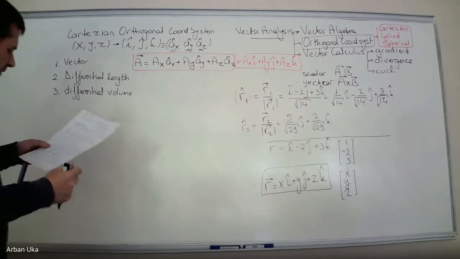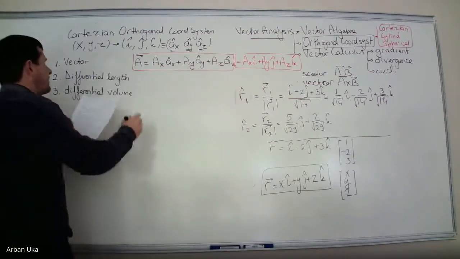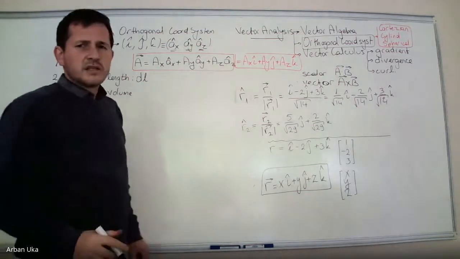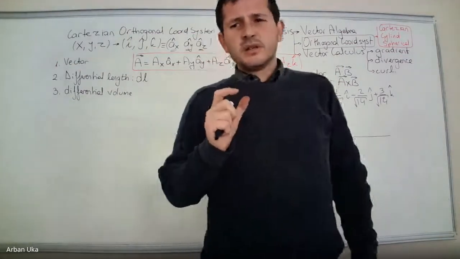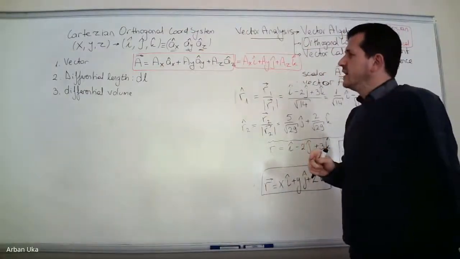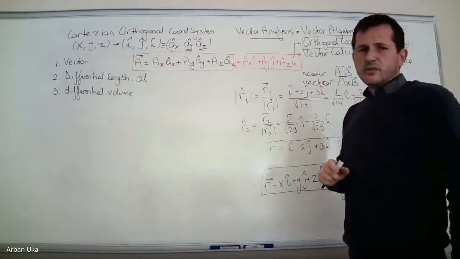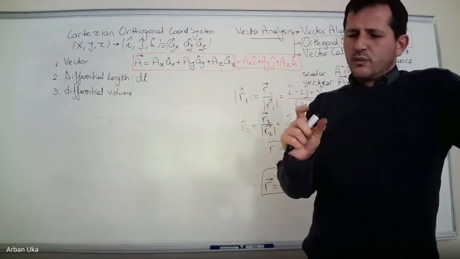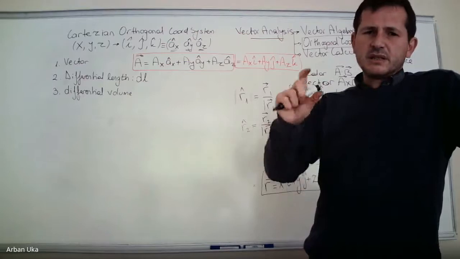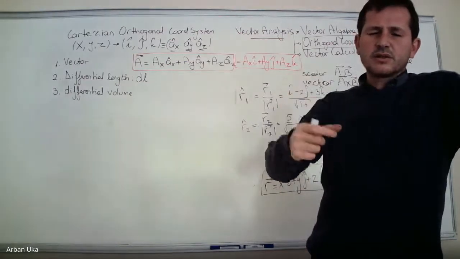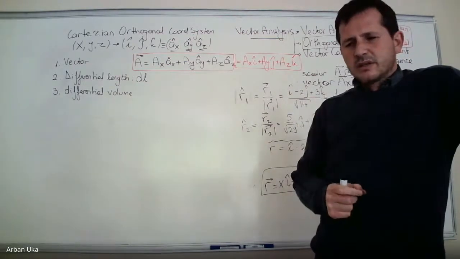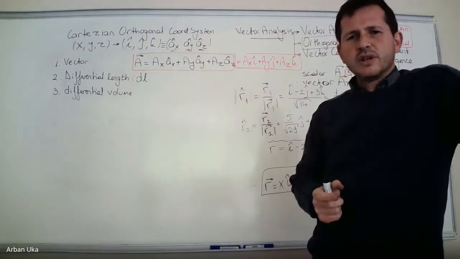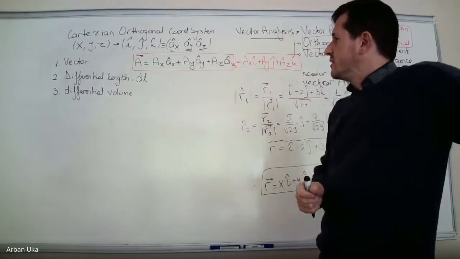Now, the next step that is essential to us is we should write a differential length. The differential length is the infinitesimal length scale in Cartesian coordinate system. Now, when we write the infinitesimal differential length, we should be including delta x, delta y, and delta z. So we have small steps that we can follow along the three orthogonal directions.